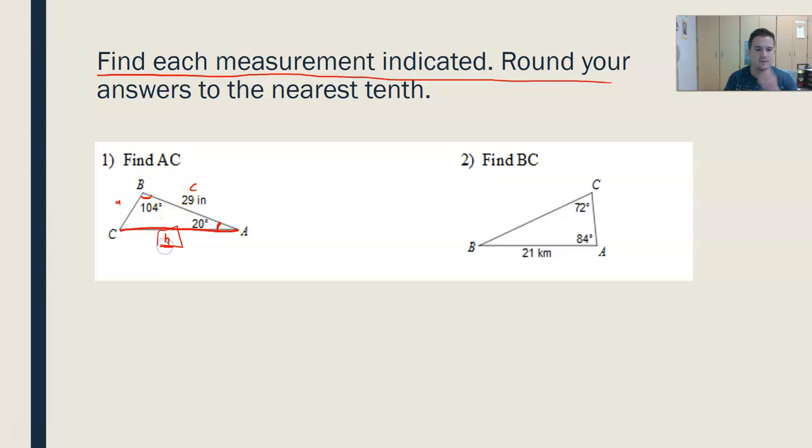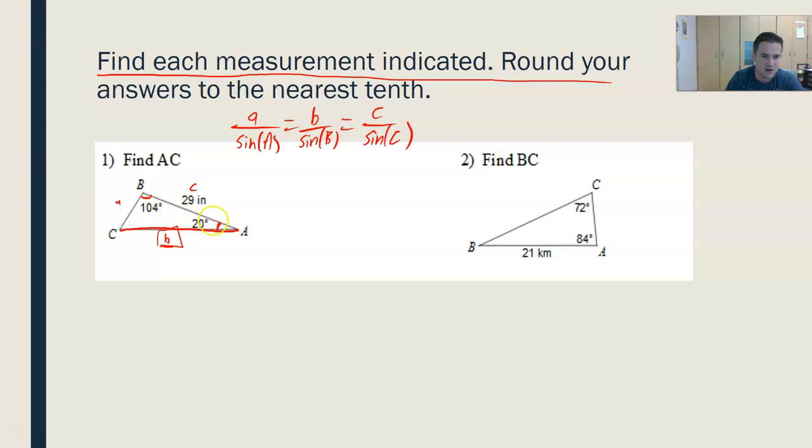So first thing, in the law of sines, I have a over the sine of A is equal to b over the sine of B, which is equal to c over the sine of C. So in order to use the law of sines, I at least need to know a side and an angle opposite that side.